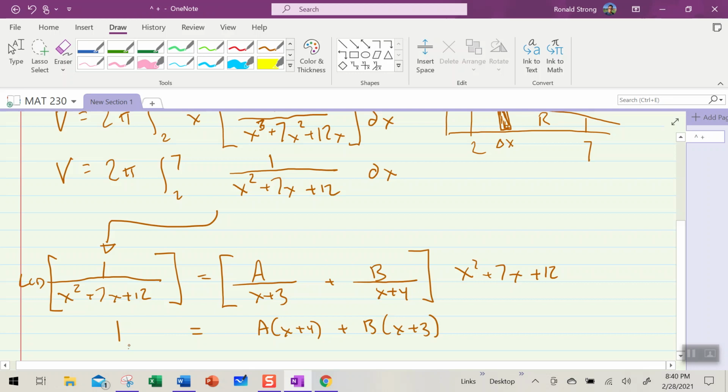Multiplying this out, we have 1 is equal to Ax plus 4A plus Bx plus 3B.